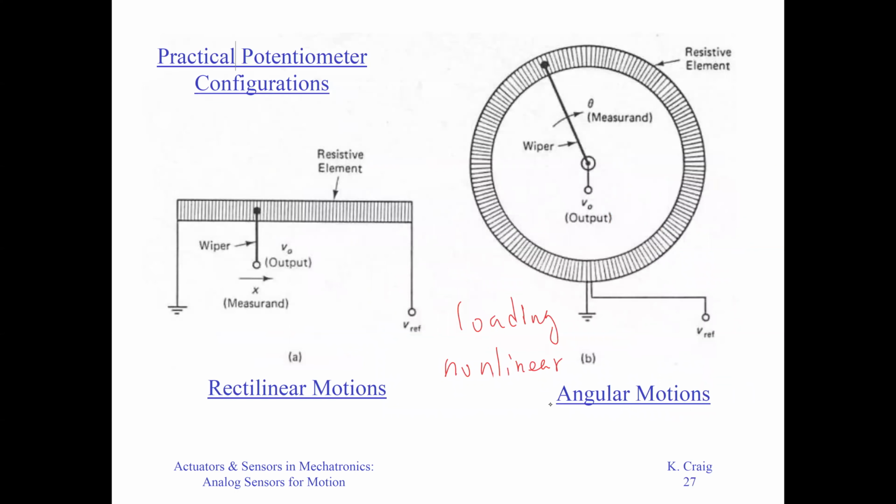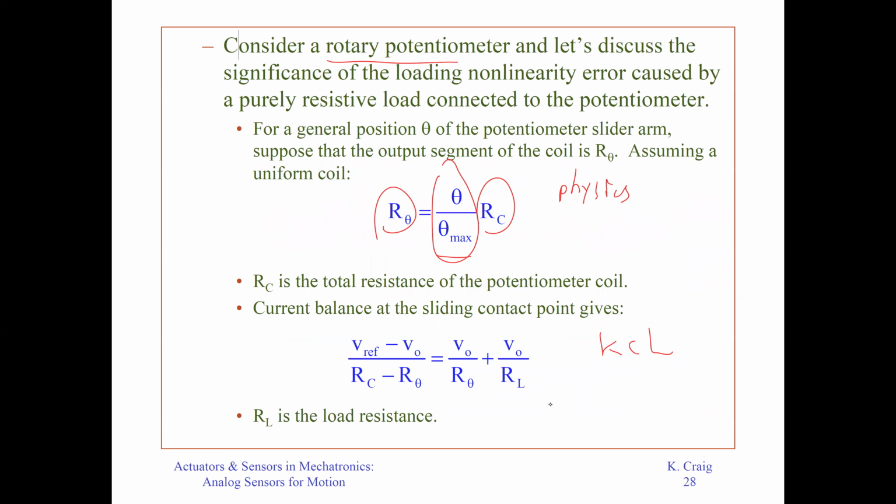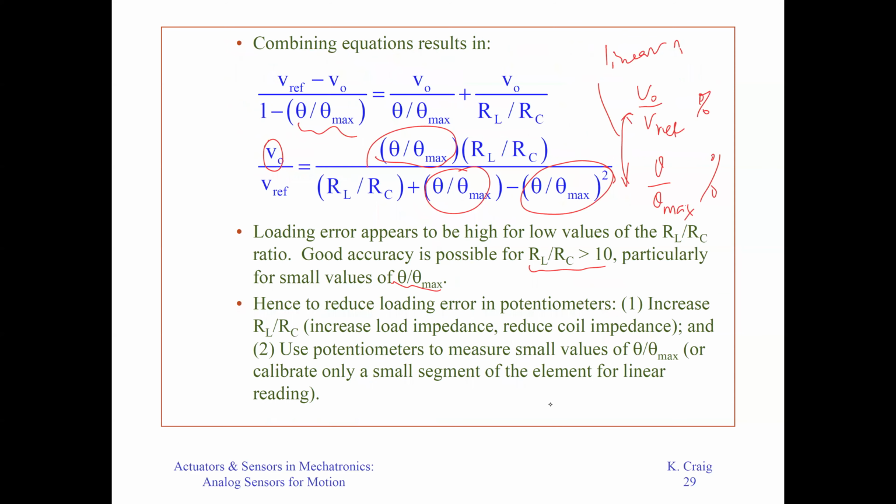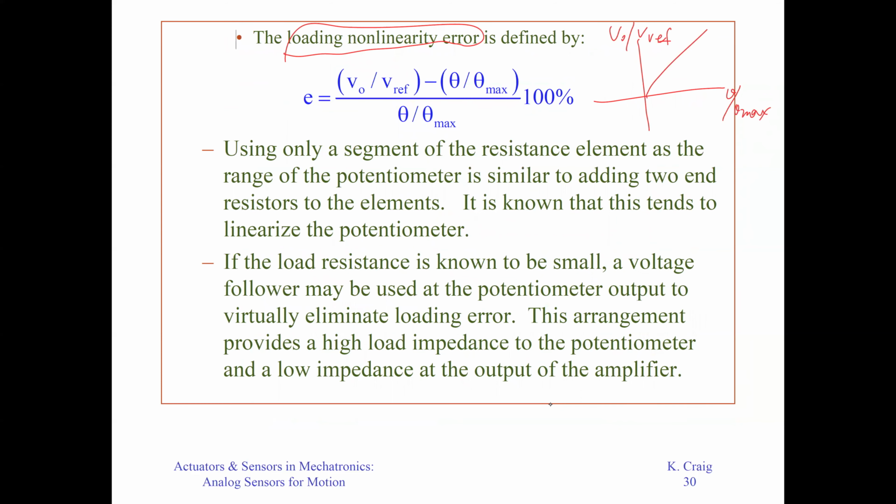So we use the simple angular motion potentiometer configuration to measure the theta, and it turns out that the percentage of the theta is actually non-linearly related to the output voltage. By some derivation, you are going to see an error in here.